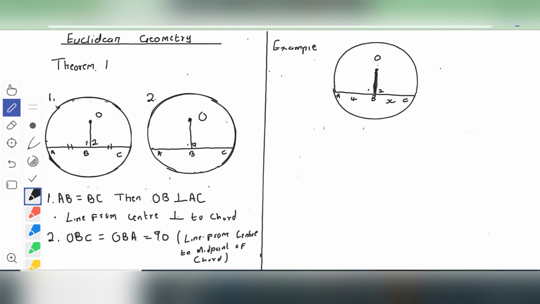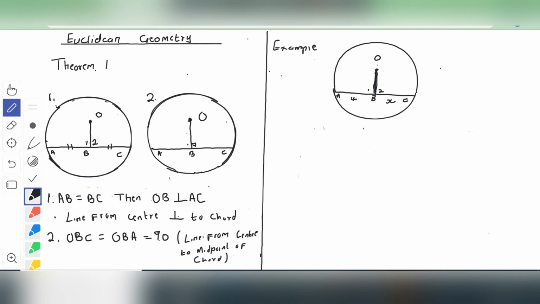Lastly, know that those two diagrams are the same, right? If AP is equal to PC, then OP is perpendicular to AC. And from the second diagram, we can see that OP is perpendicular to AC. So even from the first diagram, P1 is equal to P2, they are both equal to 90 degrees.